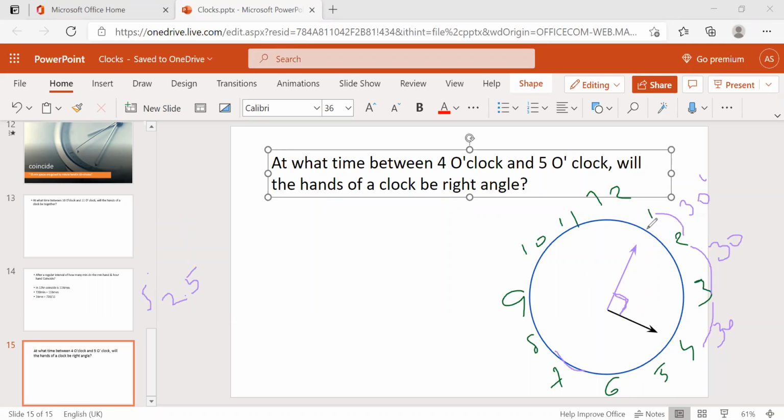Whenever a sector is 30, if the minute hand comes to the 1, our hour hand moves like this, right? So our hour hand lies between 4 and 5. It also moves, right? And then to make the right angle, we have to consider the minute hand also lying between 1 and 2. Then it will give one more right angle.